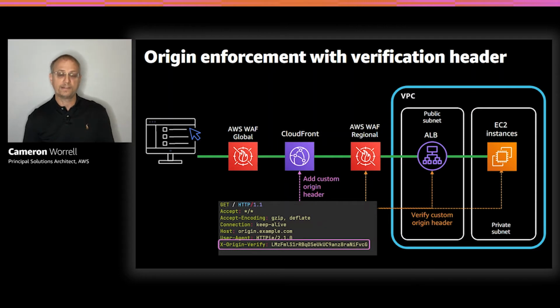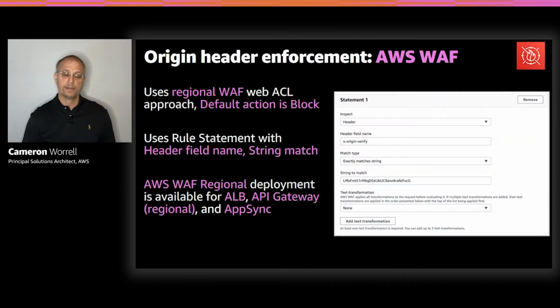And then once it's added, you're essentially going to perform a verification back at your origin. And that verification can happen in a number of places. So you might do it at the host layer in the application, or you might look at using an ALB listener rule, or you could do it in the WAF with a regional WAF deployment. And that's really what we want to dive into here more deeply.